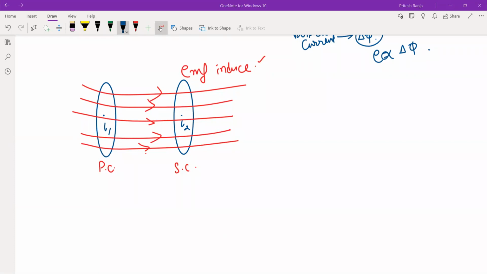If the current is greater in the primary coil, then it will produce more magnetic field. That's a very general thing. And the more the magnetic field produced, the more will be the flux.